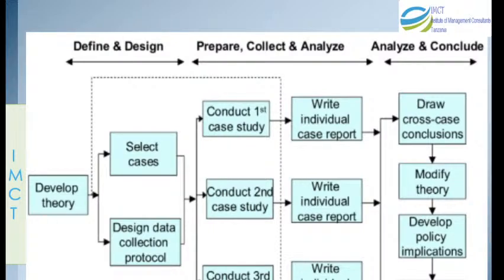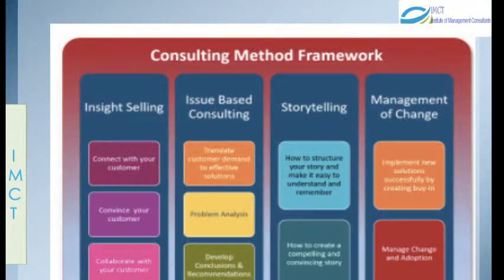We can put it by analogy: first is define and design, that is understanding the client's issues and problem. Prepare and collect, that is asking questions to probe. Then you analyze and put up a recommendation. We shall talk about case reports later as part of consulting work, so don't worry about the diagram you see. We shall go into its depth later.